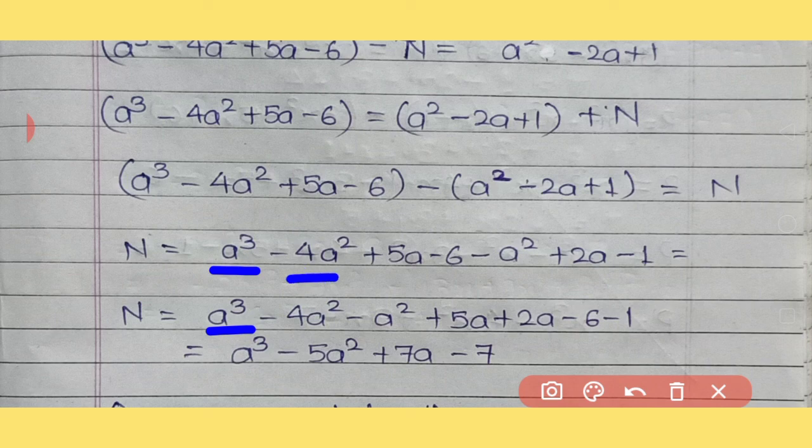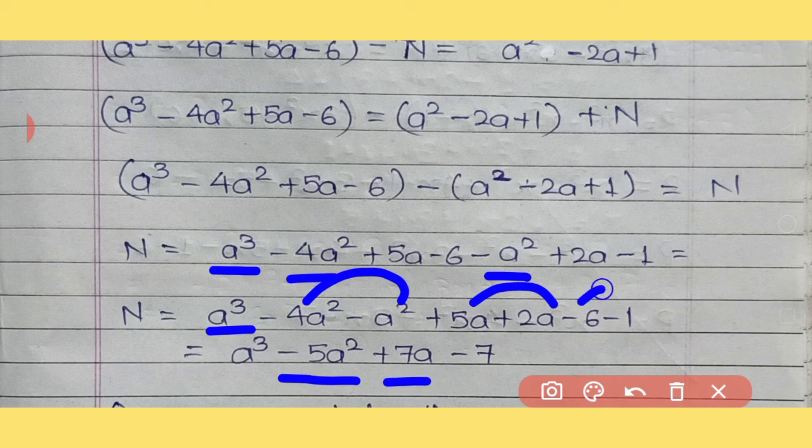Now minus 4a square and minus a square will be written together, and both are negative terms, so they will add, so it became minus 5a square. Next, 5a plus 2a, both are positive terms, so they can easily add, it became 7a.